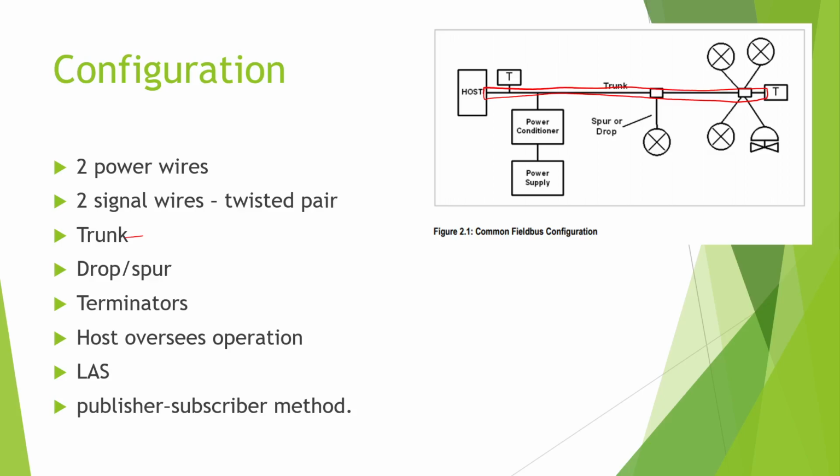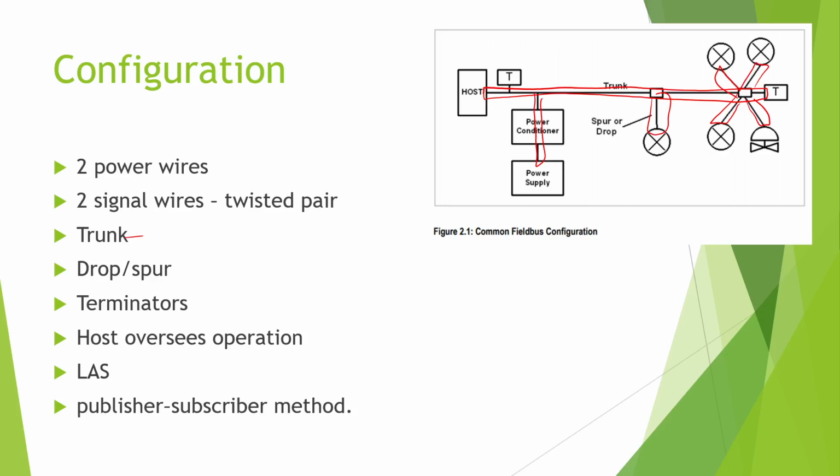That's probably going to be slightly heavier gauge. Again, definitely going to be twisted, maybe a few other weird things about it that make it special to be a trunk line. All right, nothing too crazy going on there. You also then could have drops or spurs. So each of these coming off of this would be our drop or spur. You got one there, you got one there, and then we got 4 going on up here. All right, nothing too crazy there.